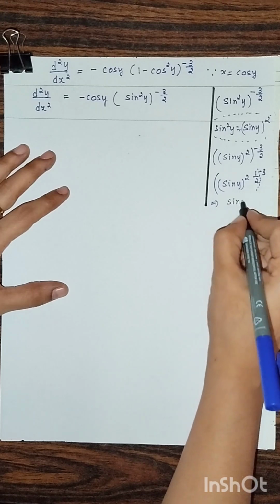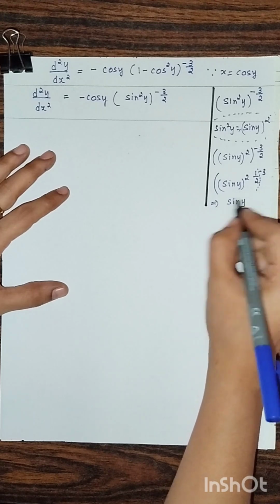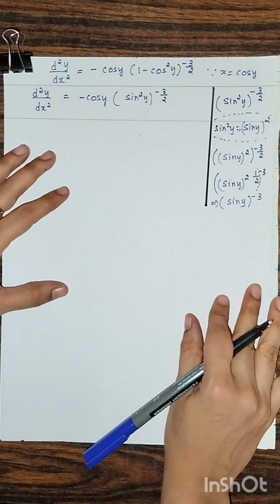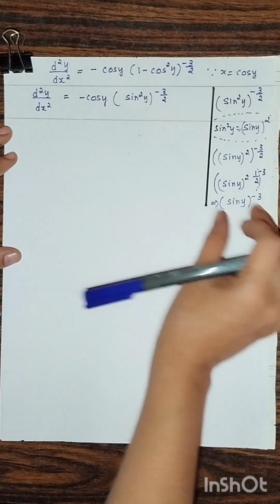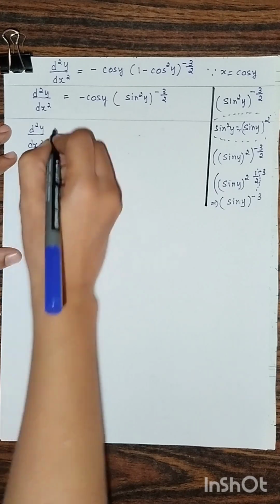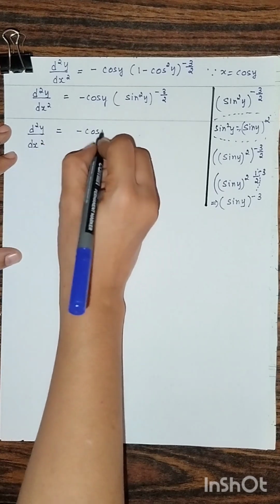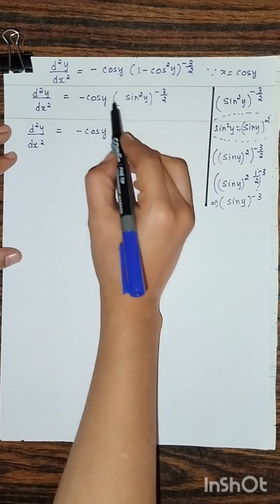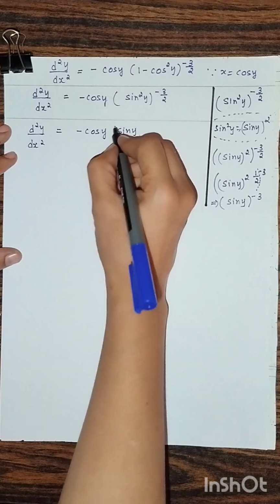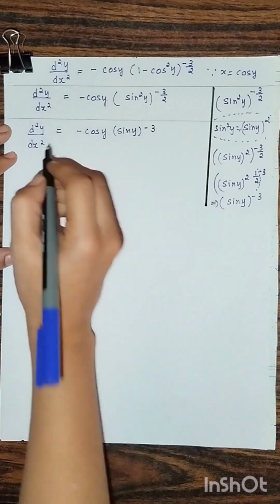So you will just remain with sin y to the power 1. But here you have minus 3. So d square y by dx square is equal to minus cos y, and in this place we will write sin y to the power minus 3.